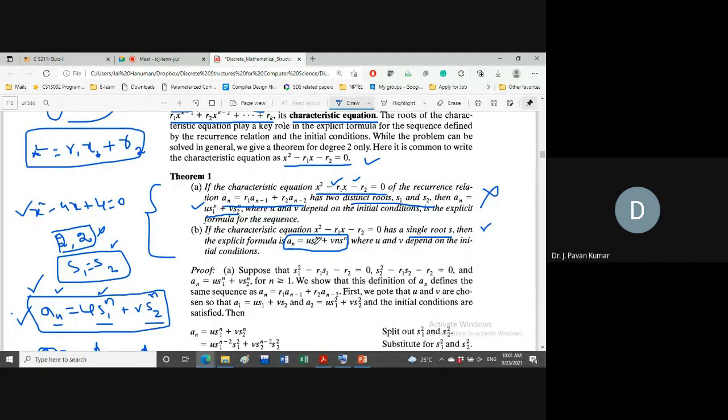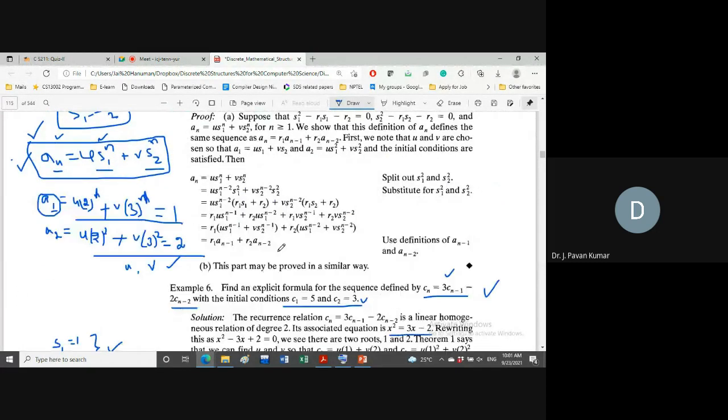Earlier we had s1 power n and s2 power n, but as we have only a single root, this n is added extra. This is the explicit formula.